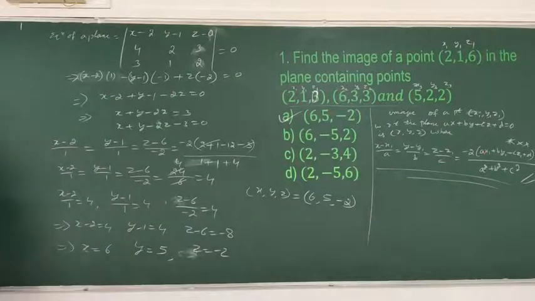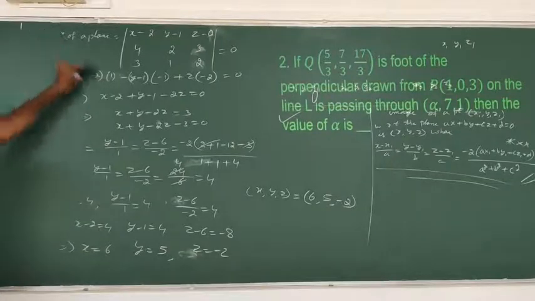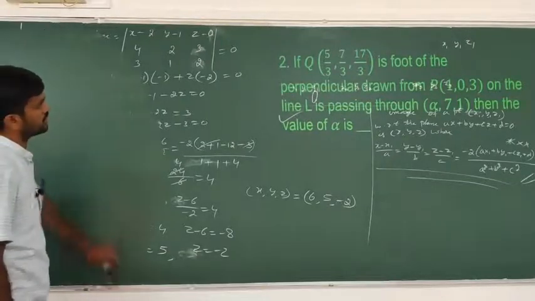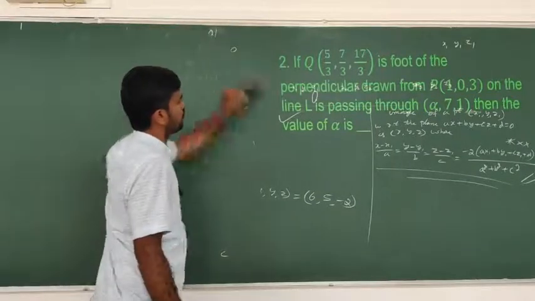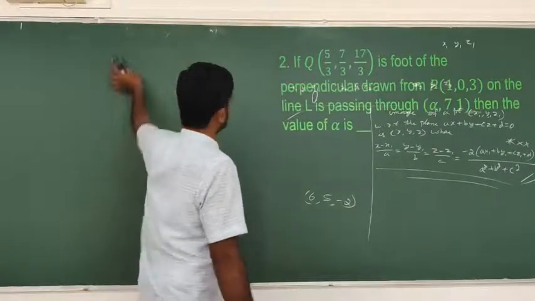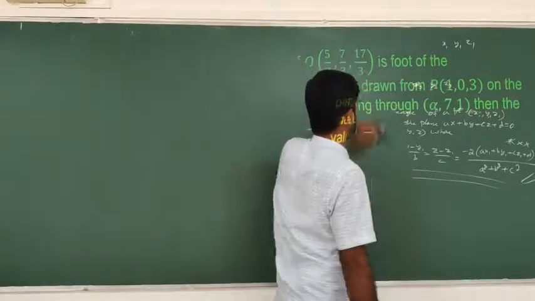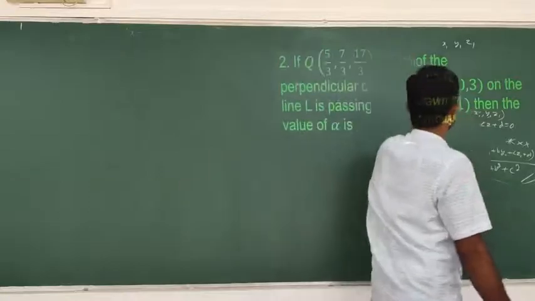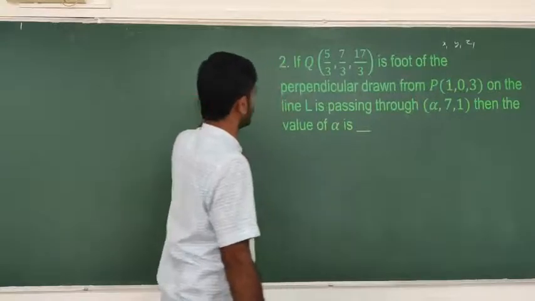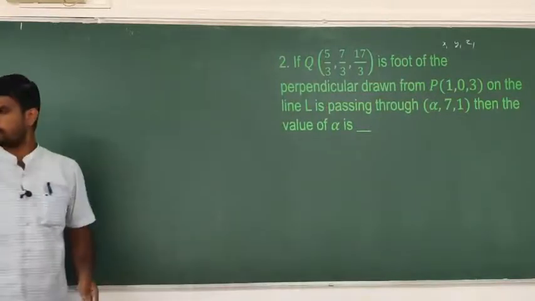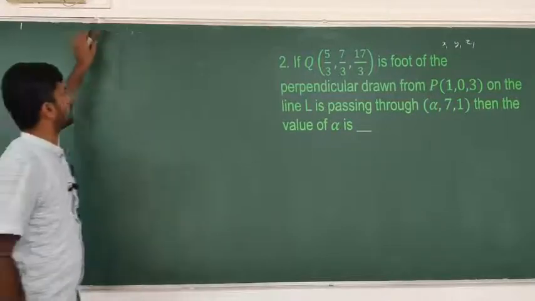Okay, next problem. So this is, if Q of 5 by 3 comma 7 by 3 comma 17 by 3 is the foot of the perpendicular drawn from a point P of 1 comma 0 comma 3 and the line L passing through minus alpha comma 7 comma 1, then the value of alpha is how much, they are asking.